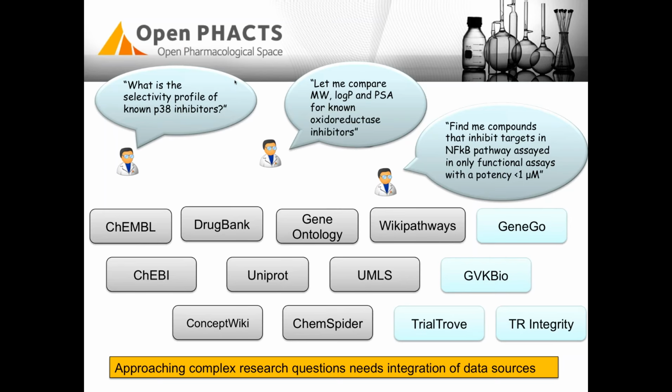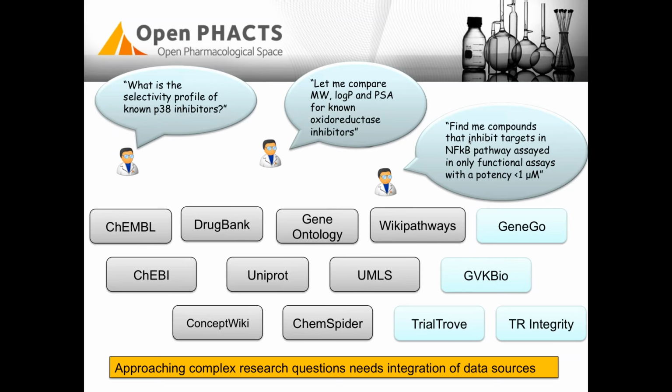So the first task was, let's make a survey, 80 business questions, like what is the selectivity profile of known P38 inhibitors, or let me compare physicochemical properties for known oxidoreductase inhibitors, find me compounds that inhibit targets in a certain pathway, active only in functional assays. So this type of business questions came back.